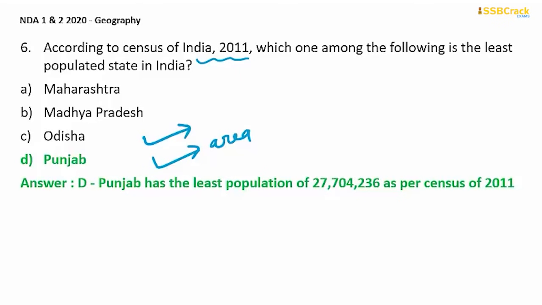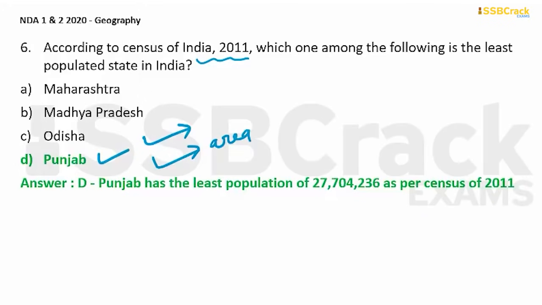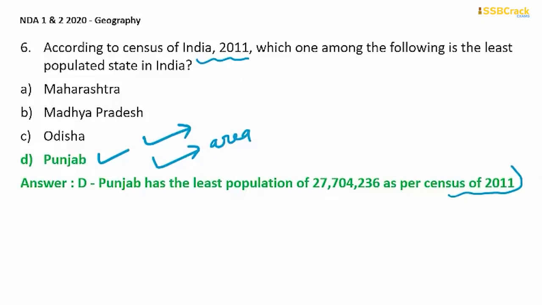And if anyone has done the Census of India in a proper, thorough way, then this question is a cakewalk for that person. So the correct answer will be Punjab, as it has the population of only 2 crore 77 lakh and 4,236 as per the census of 2011, and this is only among these mentioned states.